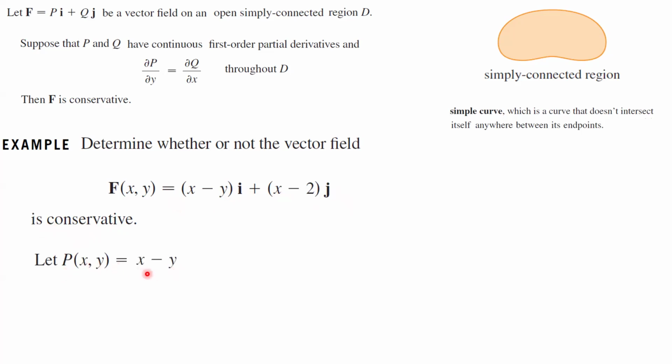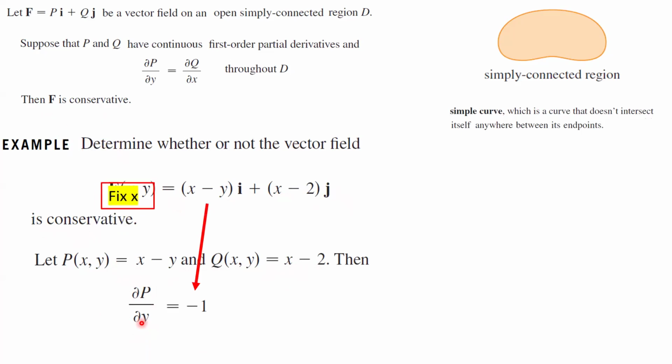So since P of x and y is equal to x minus y, and Q of x and y is equal to x minus 2, then you can take the partial derivative of P with respect to y. Well, to do that, you need to hold x fixed. So when you're taking the partial derivative of P with respect to y, the derivative of x is 0, and the derivative of negative y with respect to y is negative 1.